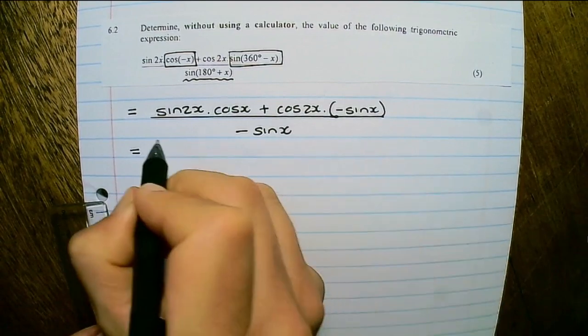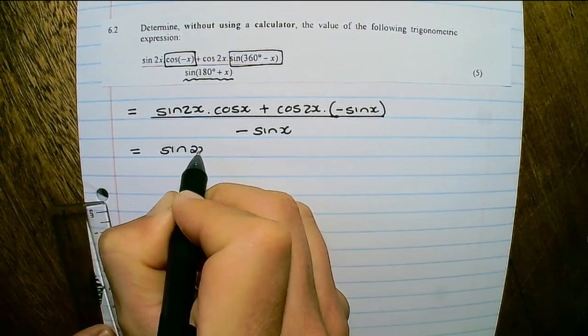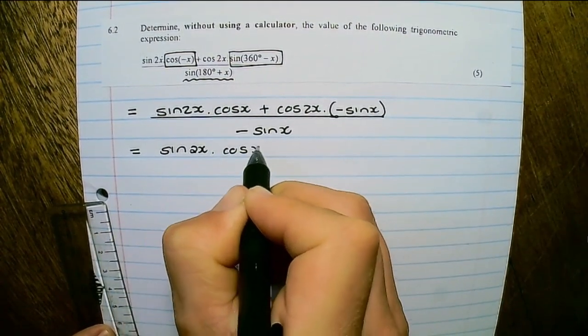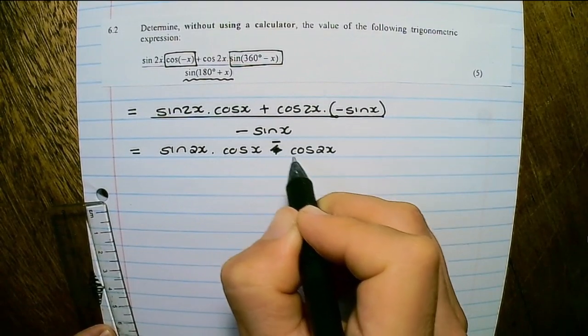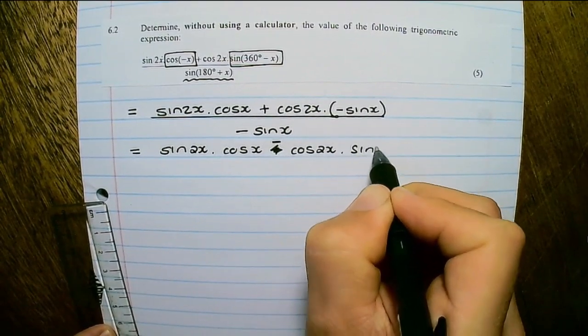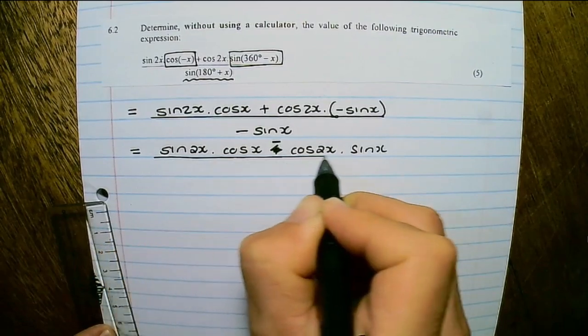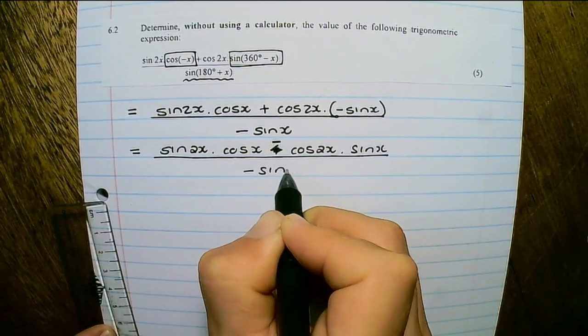And if I rewrite this, it will be sine 2x times cos x minus cos 2x times sine x over negative sine x.